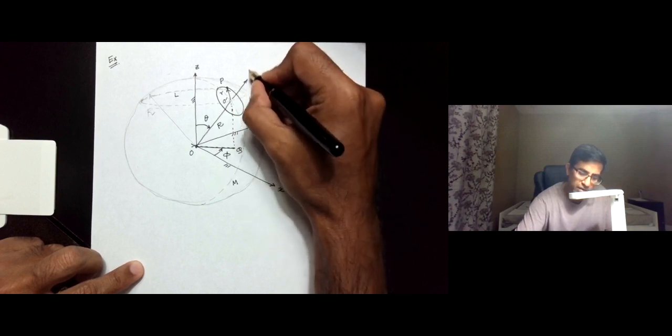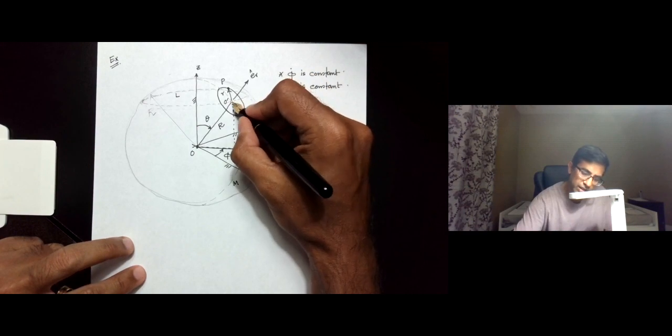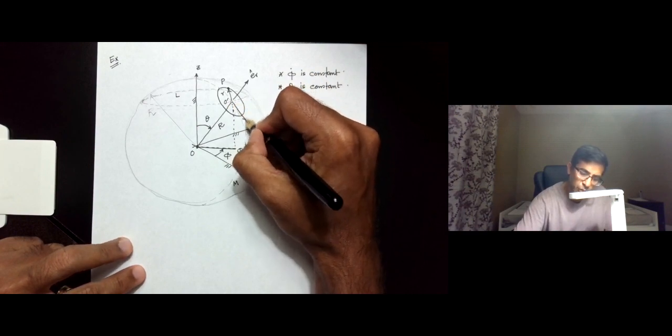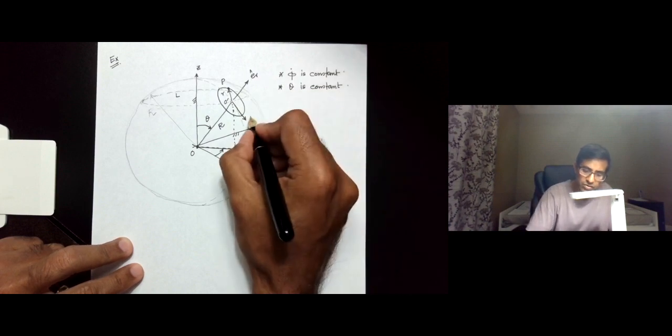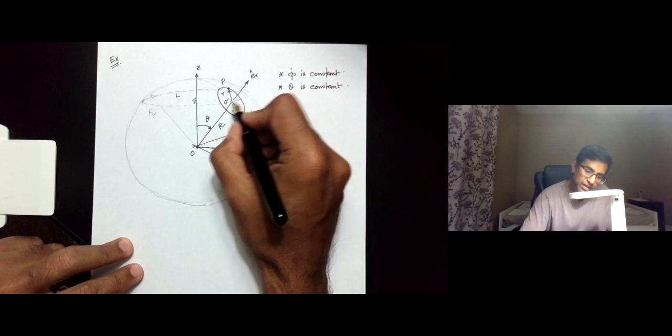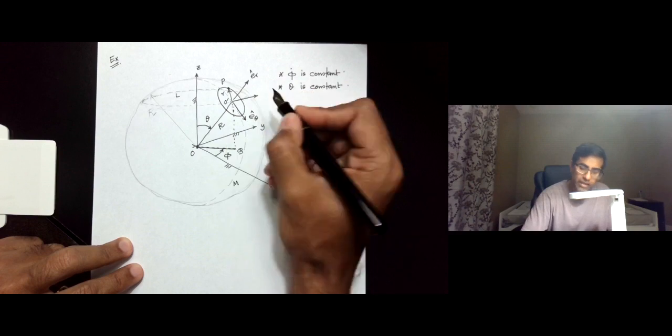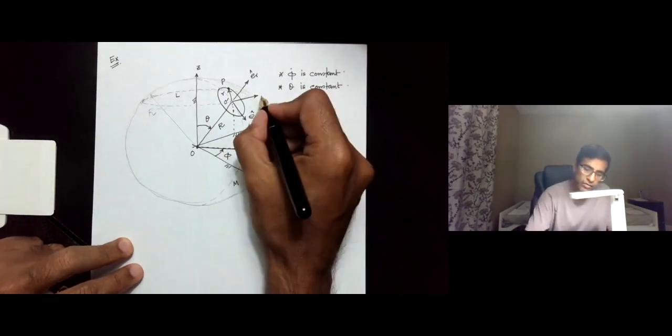We have E R. If you recall, E theta is along the meridian pointing from north to south, and E phi is along the latitude going in the counterclockwise direction if you look from the top.